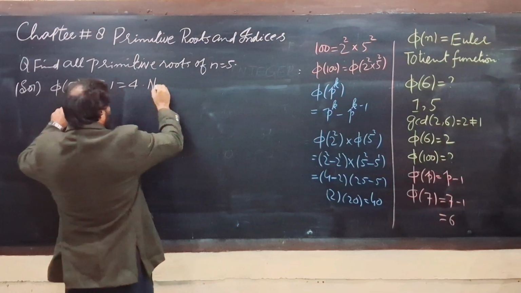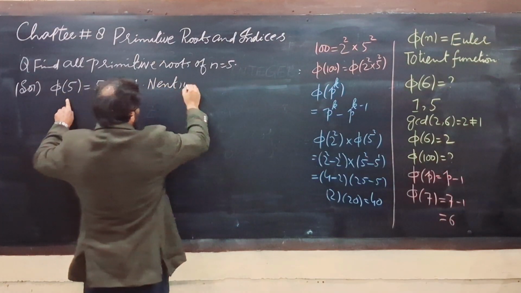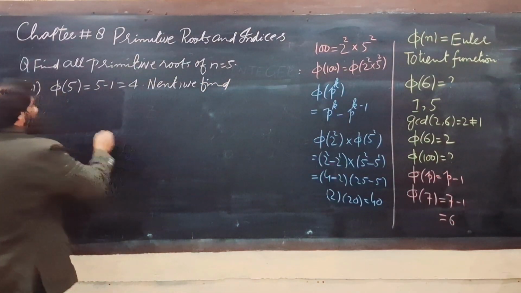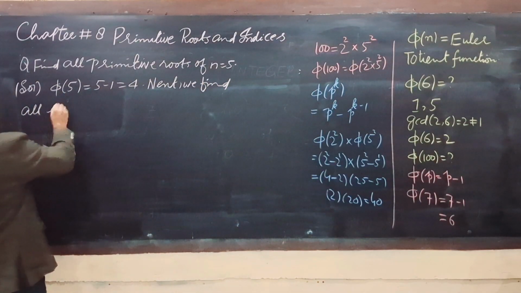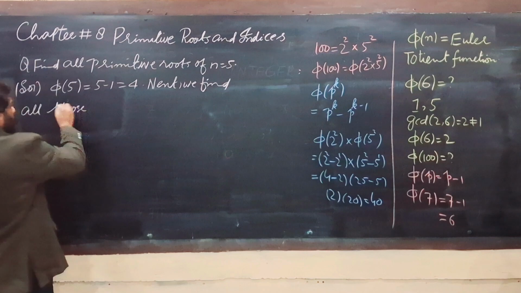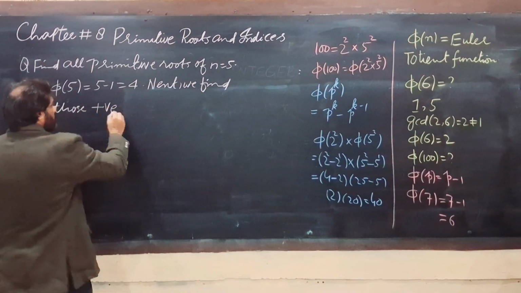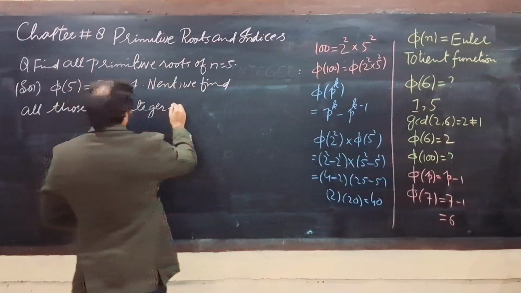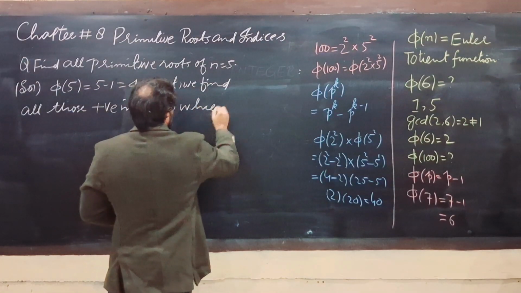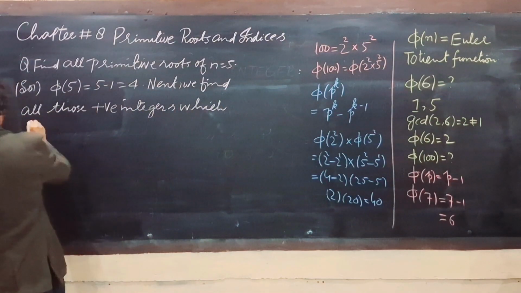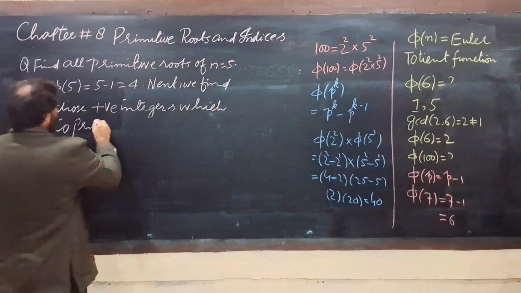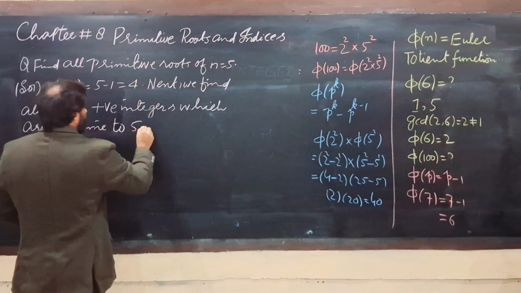Next we find all those positive integers which are co-prime to 5.